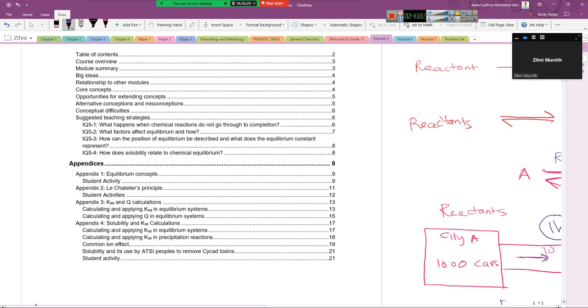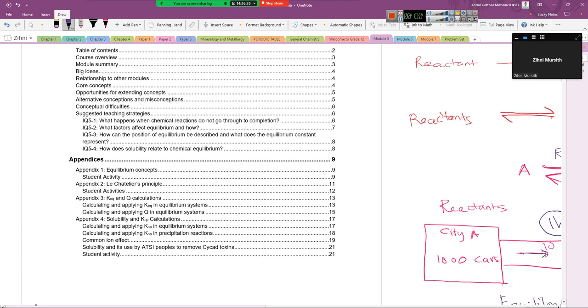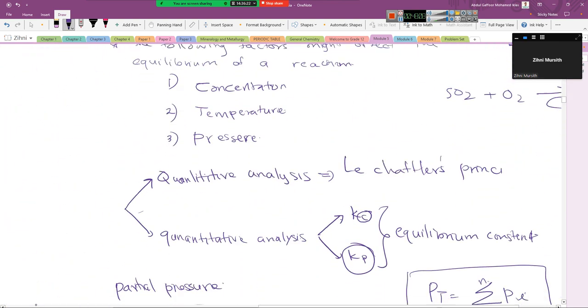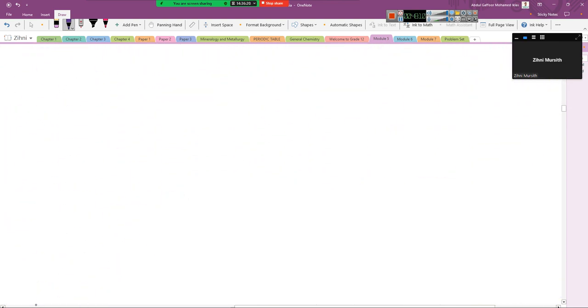Now I will explain Le Chatelier's principle. So now we are going to study the qualitative analysis of equilibrium.